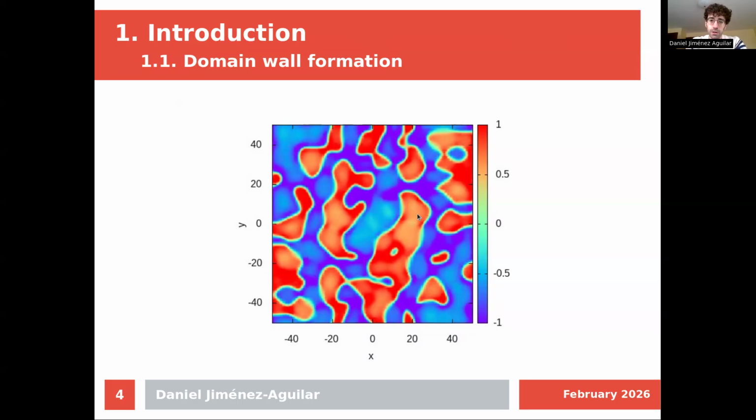Now, since the field has to be continuous, there must be some points in space where the field goes through the top of the potential, and these are these green string-like regions, and this is essentially what the domain walls are. Of course, here we're in 2 plus 1 dimensions, and therefore these are string-like objects, but in 3 plus 1 dimensions we would have closed walls. What we will argue in this talk is that the subsequent evolution of these walls is catastrophic.